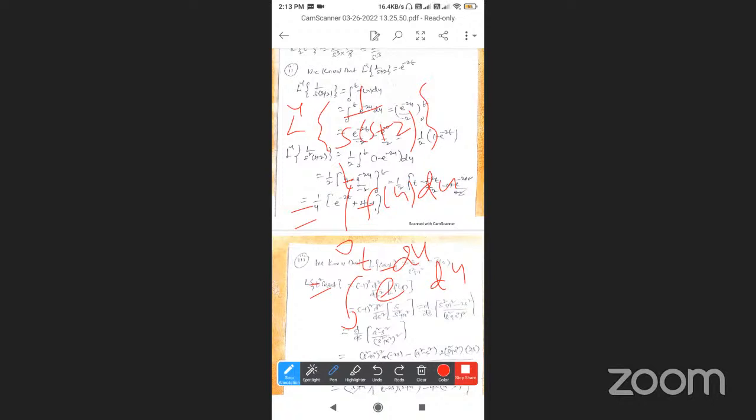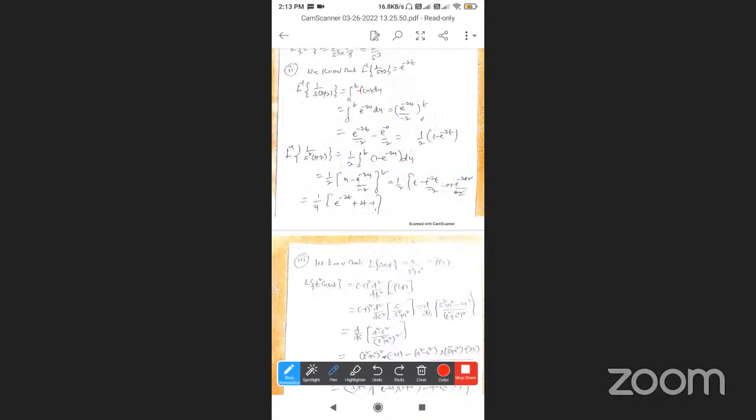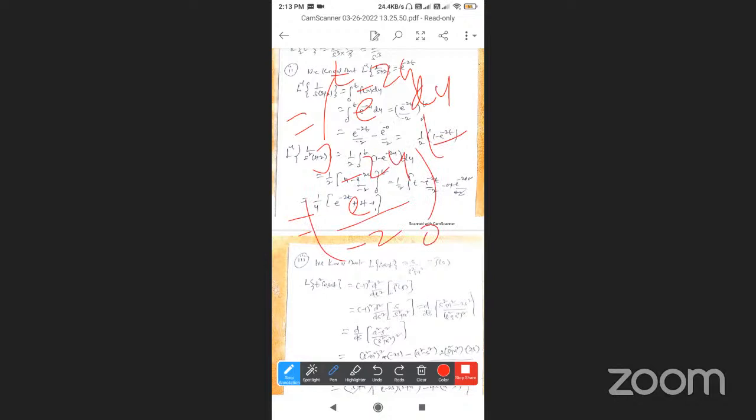The integral from 0 to t of e power of minus 2u du is e power of minus 2u by minus 2, from 0 to t. The upper limit gives e power of minus 2t by minus 2, minus the lower limit e power of 0 by minus 2.